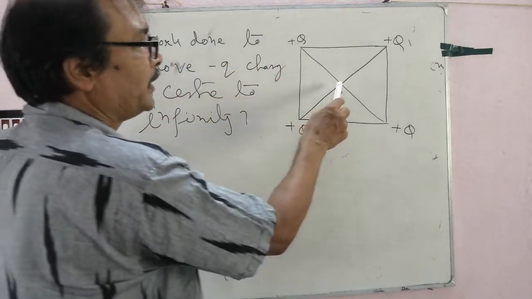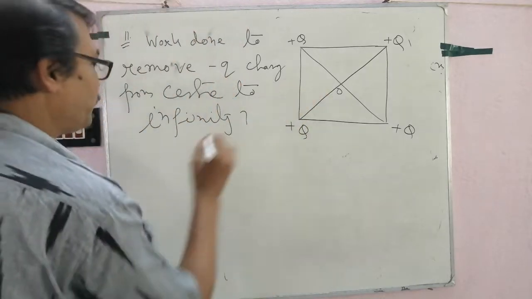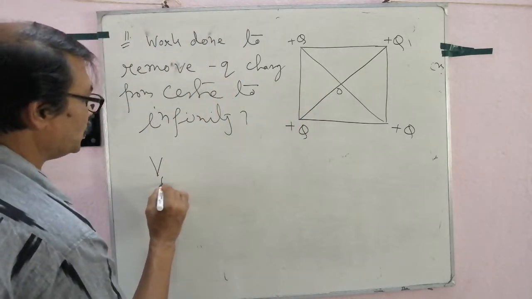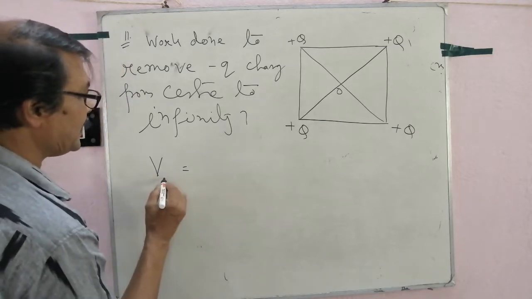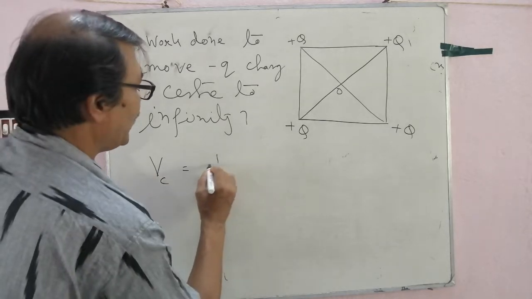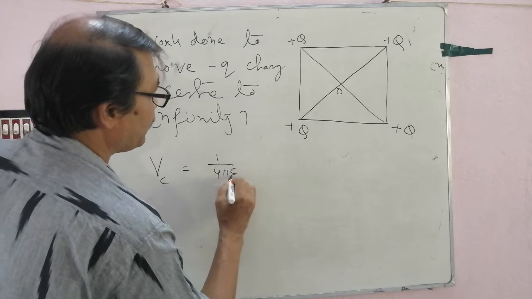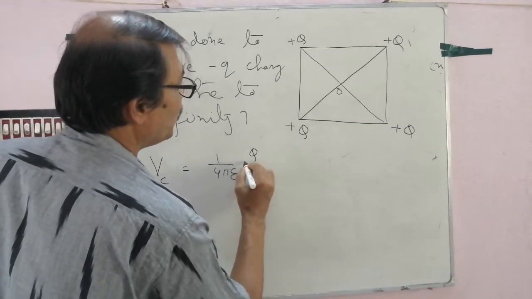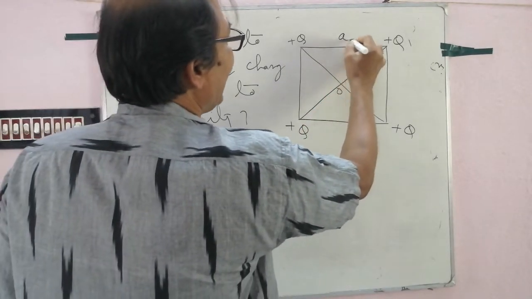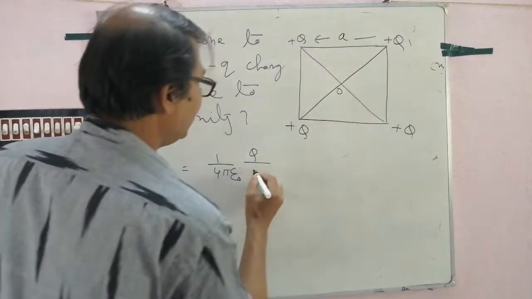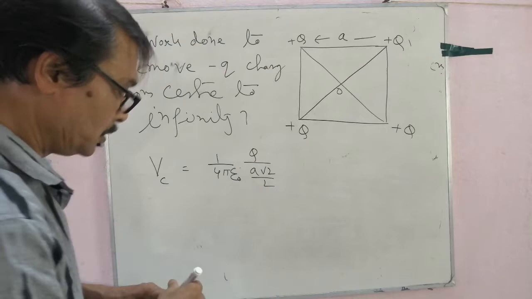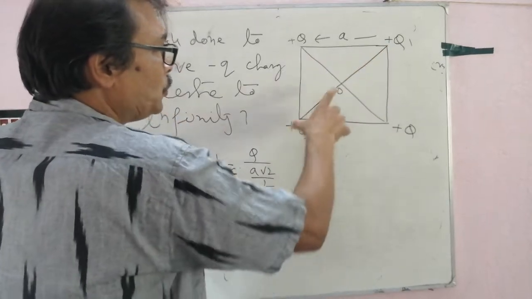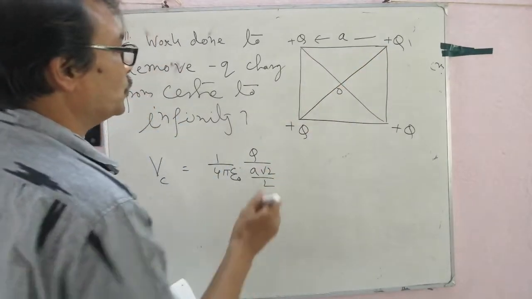So at first you have to find out the potential here. Total potential at the center, suppose Vc, equal to 1 by 4 pi epsilon naught, Q by, if the side a, then a root 2 by 2. Follow? This is a root 2 and this distance a root 2 by 2.